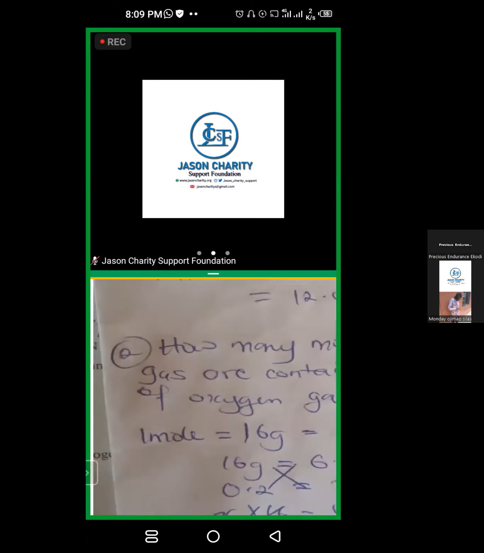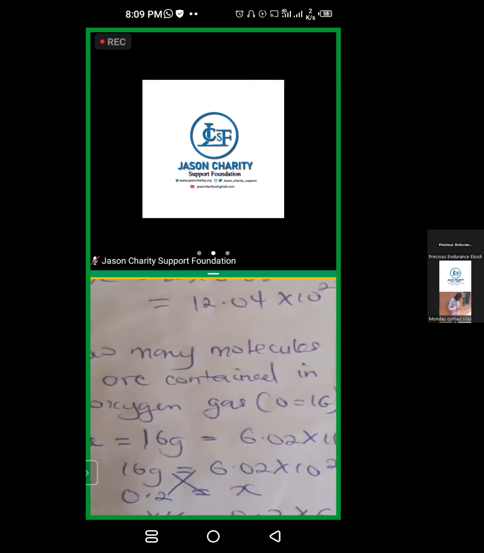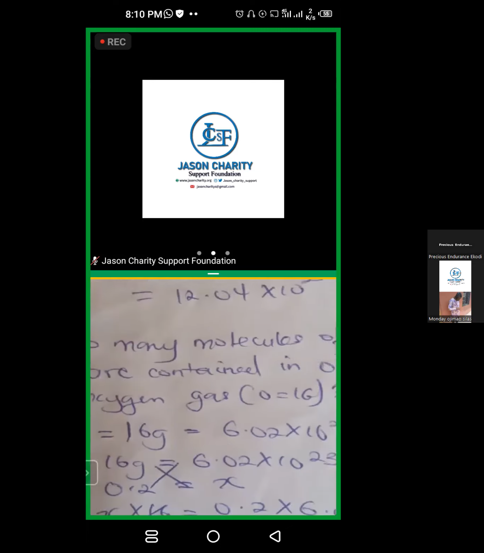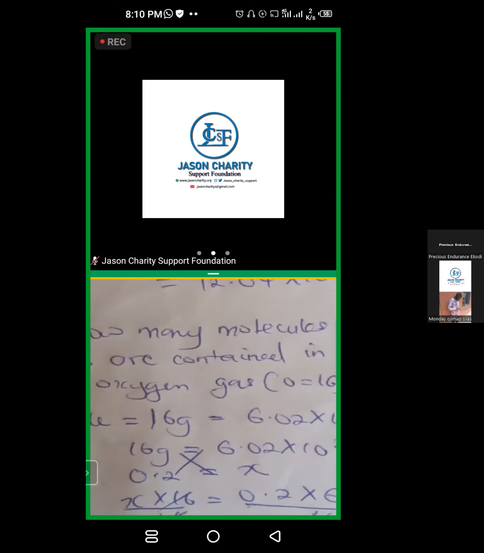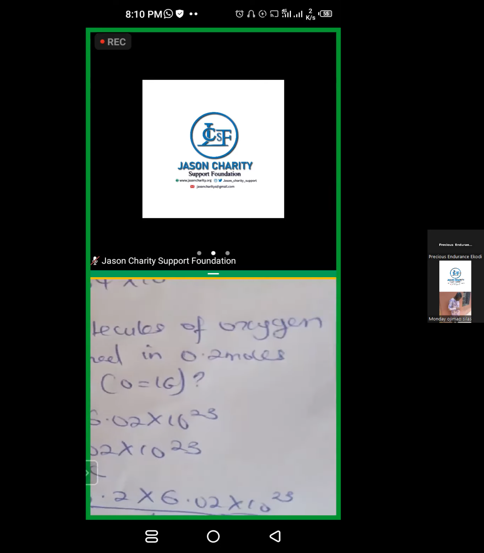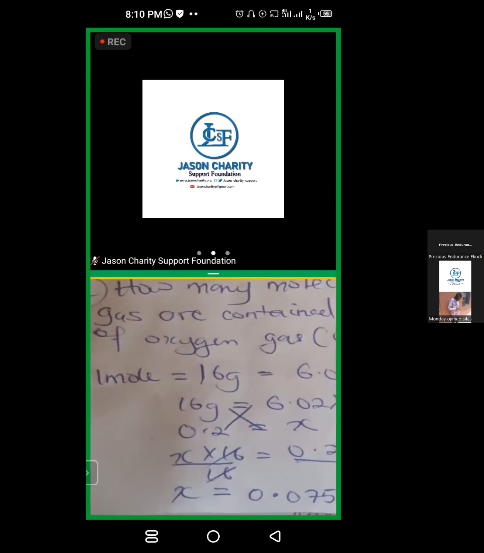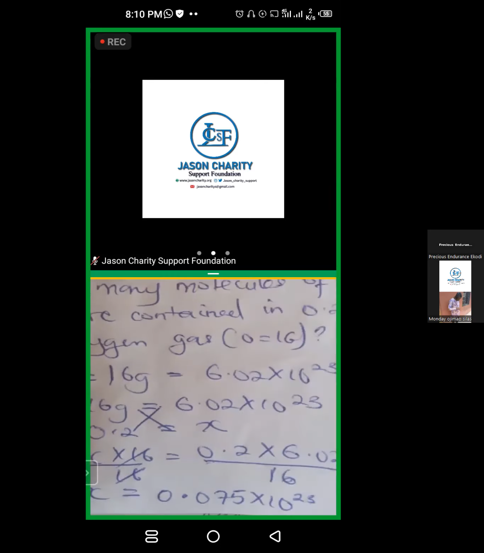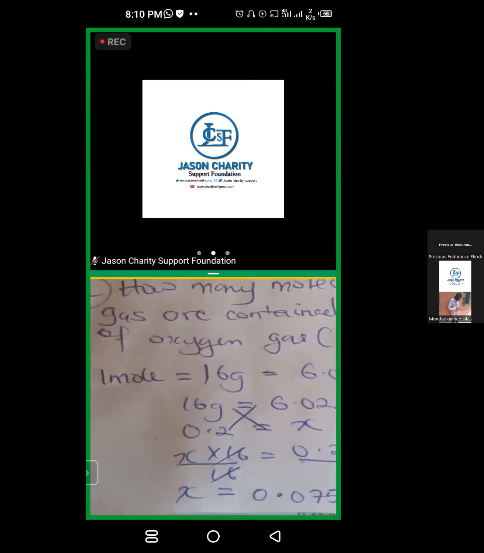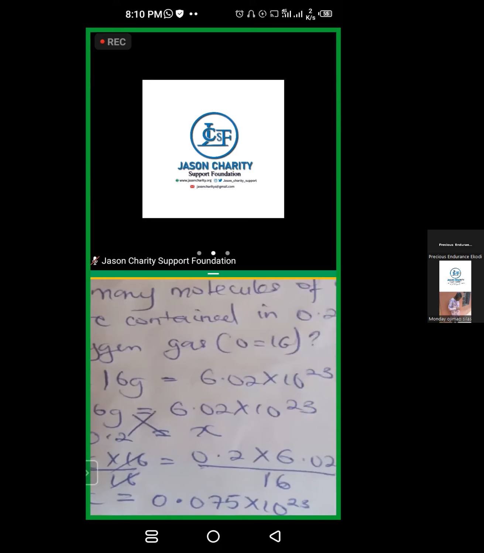And the second question was, how many molecules of oxygen are contained in 0.2 moles of oxygen gas? Same thing, we're given the atomic mass of oxygen is 16. So 1 mole equals 16 grams equals 6.02 times 10 raised to the power 23.